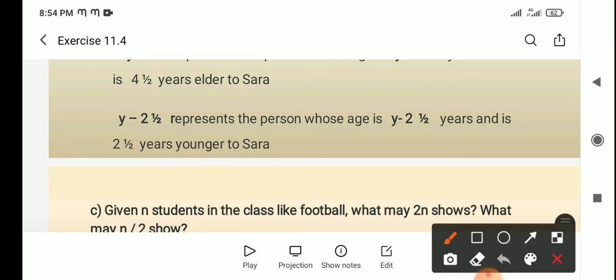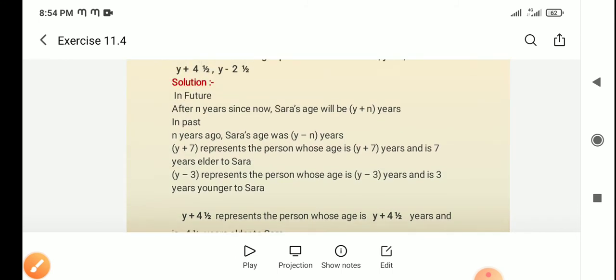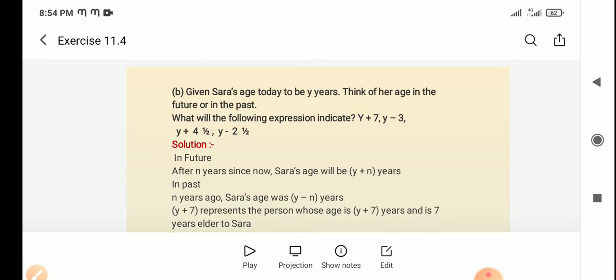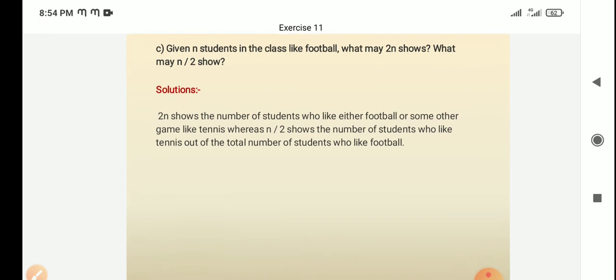It represents the person whose age is y minus 2 1/2 years and is 2 1/2 years younger to Sarah. So in this way age is given in the future and in the past. According to the given expression, we have to write the statement for it. Okay. Now next question.